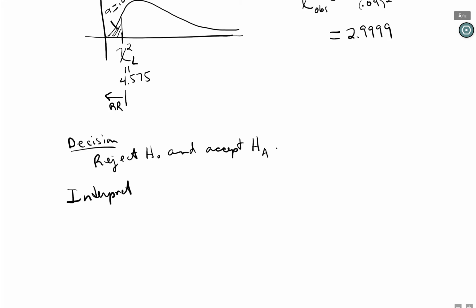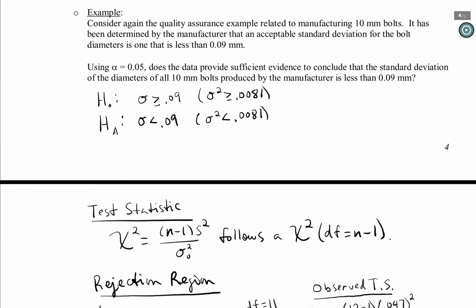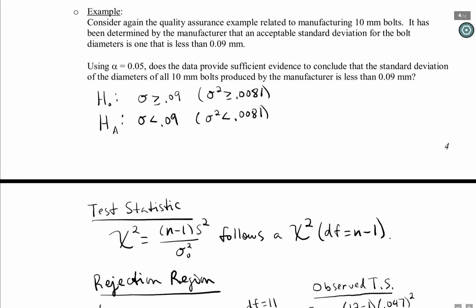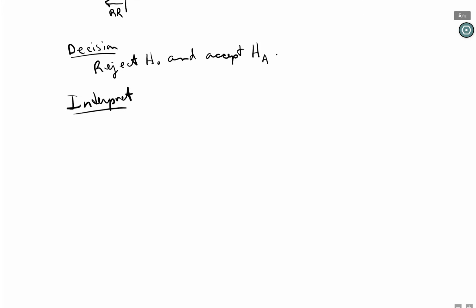That means that we have strong evidence that sigma is in fact less than 0.09, and that in turn the acceptable standard is met for this particular manufacturing procedure. So I'm going to make a statement to that effect.